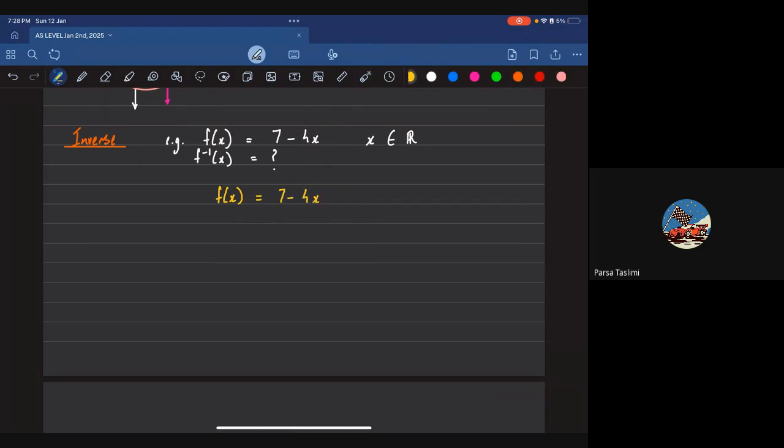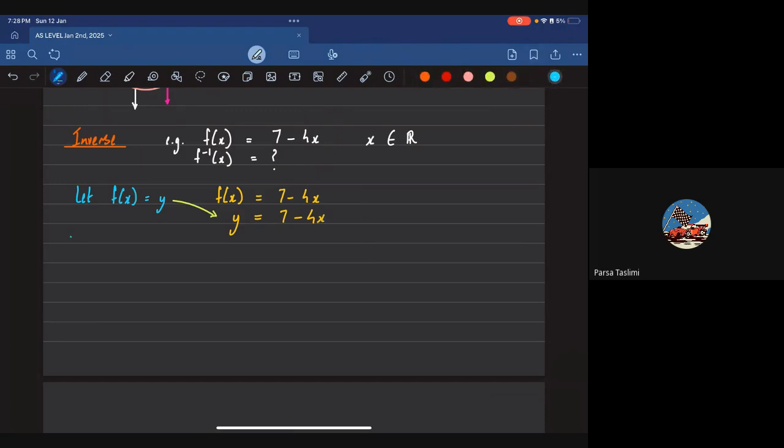Now your first step is extremely important. You need to let f of x be equal to y. And we'll see how that happens. So now the function will look like y is equal to 7 minus 4x.